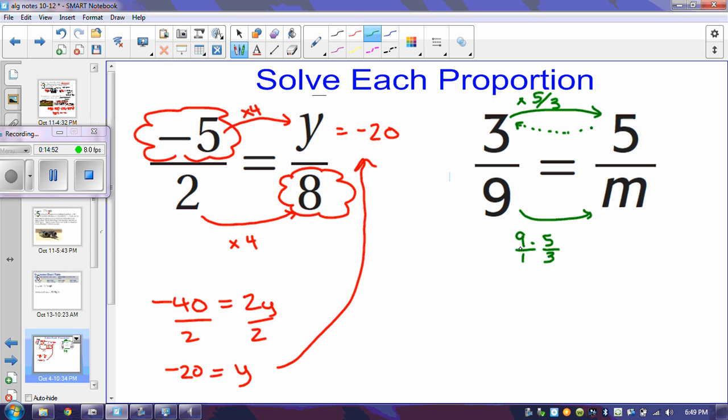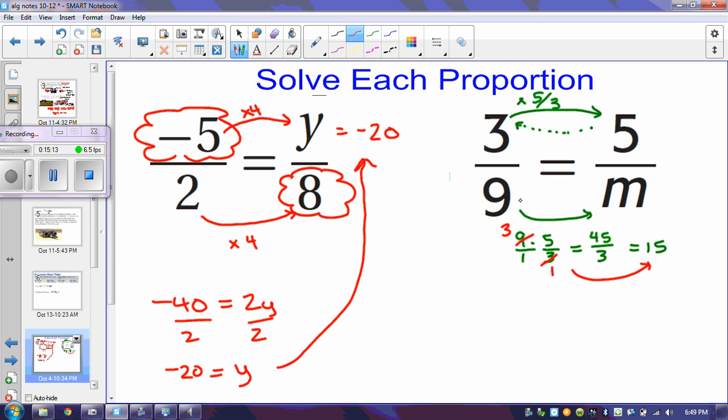Notice when I'm multiplying a whole number by a fraction, I put the whole number over 1. I can multiply straight across and get 45 over 3, and then simplify down to 15. Or I could have simplified right away because I know that 3 divides into both a top number and a bottom number, leaving me directly with 15 over 1.